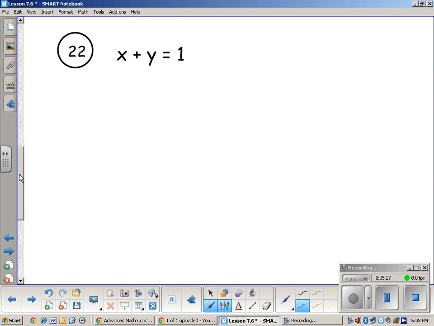So on number 22, the directions say write the equation in normal form and then find the length of the normal and the angle it makes with the positive x-axis. And so first thing we want to do is change this equation into standard form: x plus y minus 1 equals 0. So we have ax plus by plus c equals 0. Now we're in standard form.